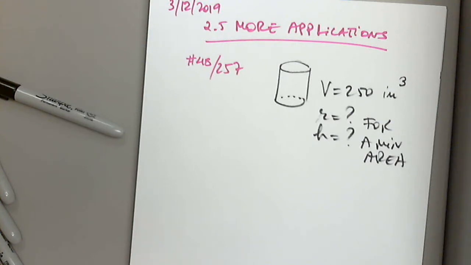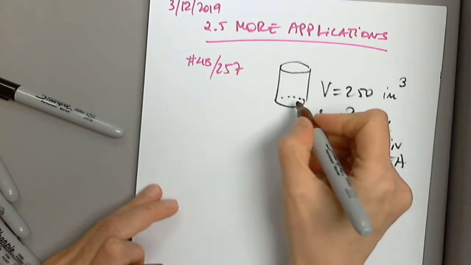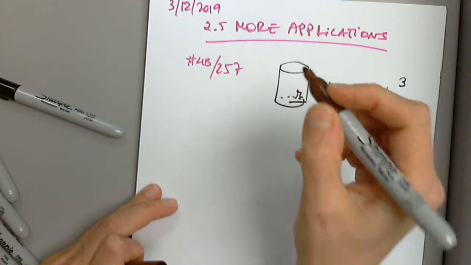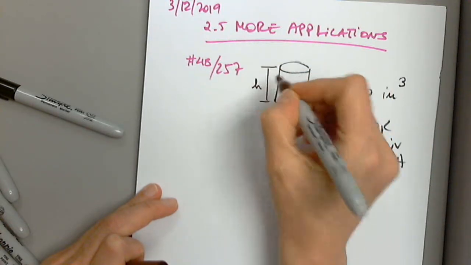So one more time, can anyone tell us what to write? Of course, I'm going to denote this by r, and I'm going to denote this by h.